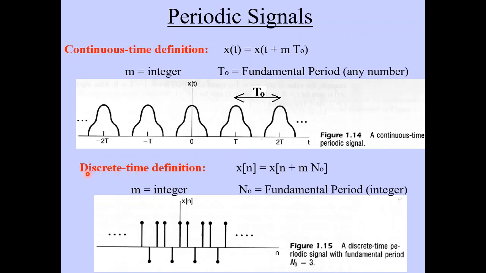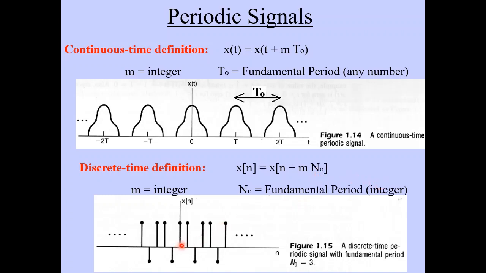Now, for a discrete time sequence, we can also have a periodic signal or sequence, and the definition is very similar. x of n has to be equal to x of n plus m n naught. So again, m is any integer, and n naught is our fundamental period for our discrete time sequence. Now, the one difference here is that for a discrete time sequence, the fundamental period has to be an integer.